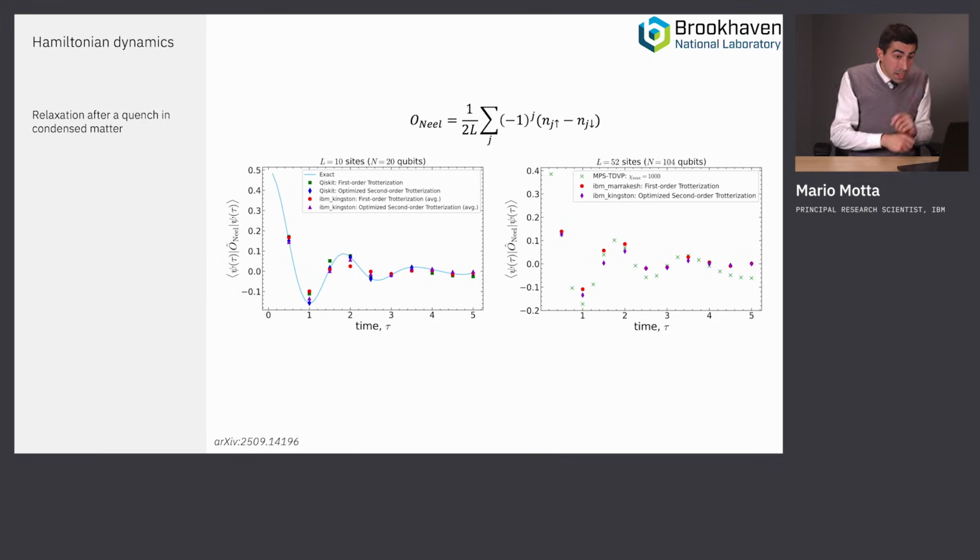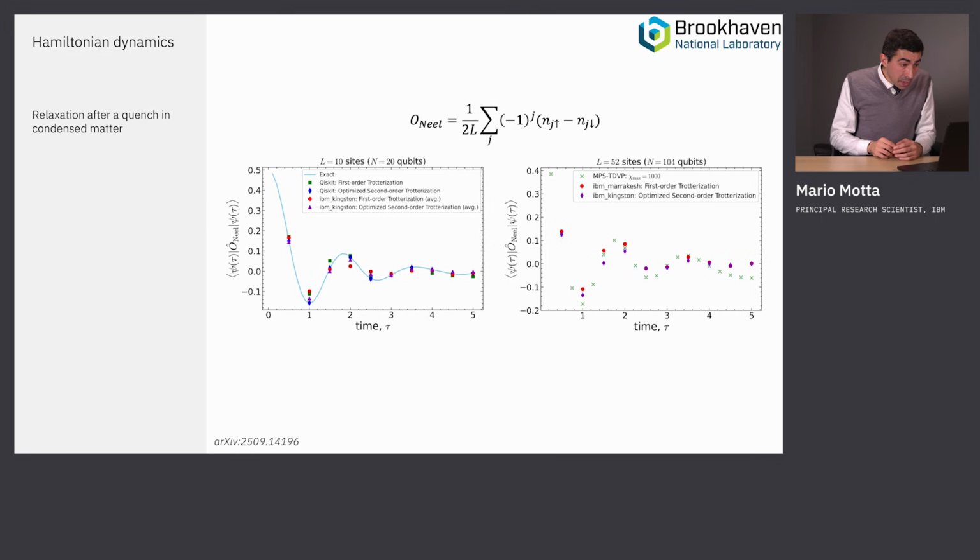Now, in this study from Brookhaven National Laboratory, what is studied is relaxation dynamics after a quench. We have essentially an additional term in the Hamiltonian that is suddenly switched on at some time.